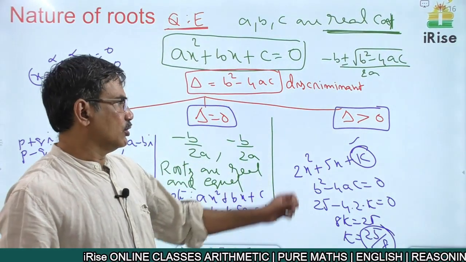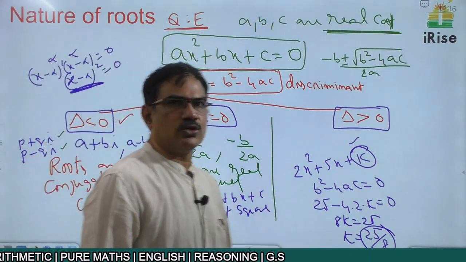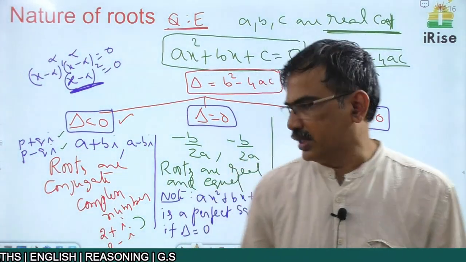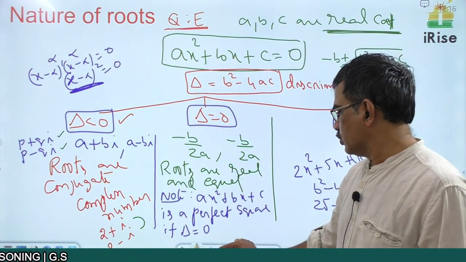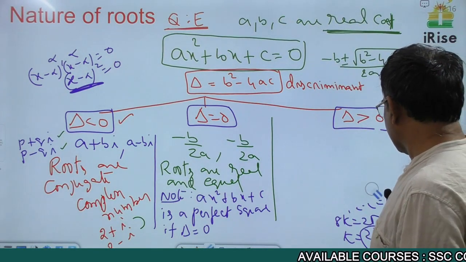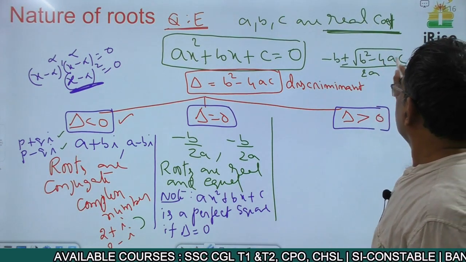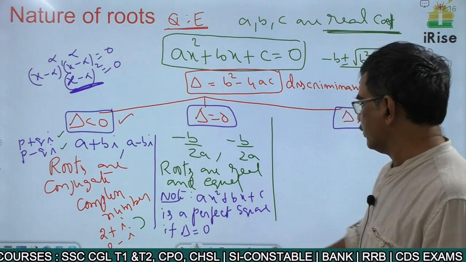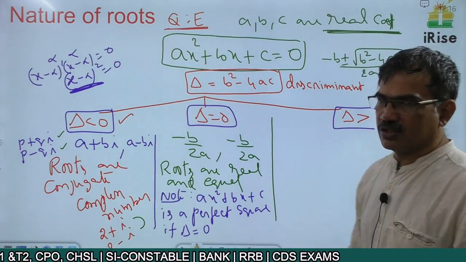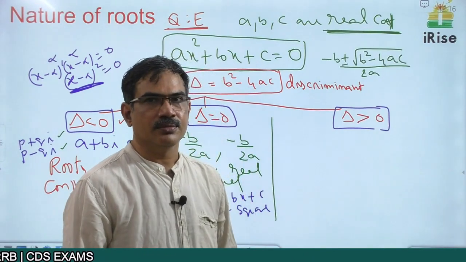Understood? So, ax square plus bx plus c is a perfect square if and only if delta is equal to 0. Next, if delta greater than 0, then what happens? If this is greater than 0, b square minus 4ac is positive. Root of a positive value is a real number.